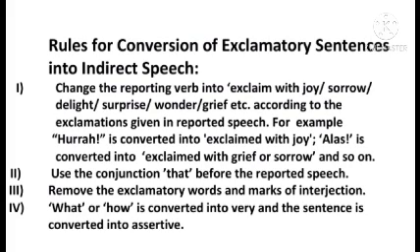Alas shows grief. If alas is there, it will be converted into exclaimed with grief or exclaimed with sorrow, and so on. Then the conjunction that is used before the reported speech. Exclamatory words and the mark of interjection are removed, and if what or how is there, they are converted into very, and the sentence is converted into assertive.